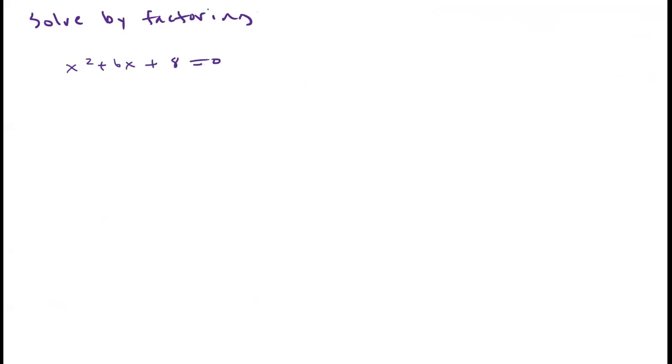We want to factor this. Remember, we need to find factors of 8. You can do this if you want to, but you're not required to. I do this little cross method, where I have the center plus here and the last multiply here.